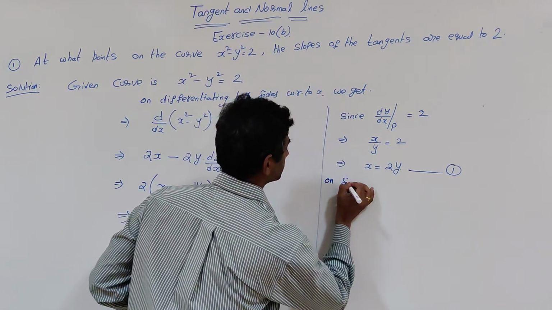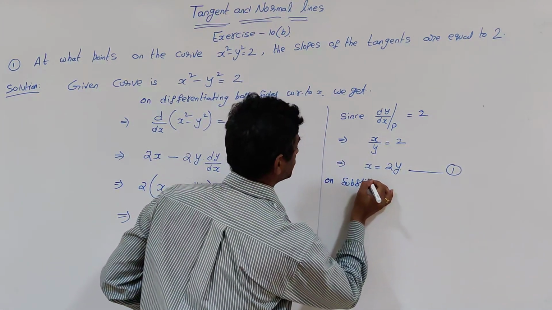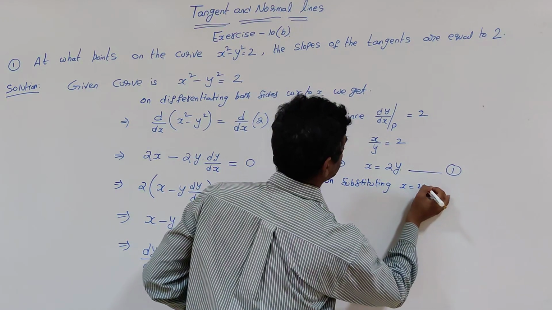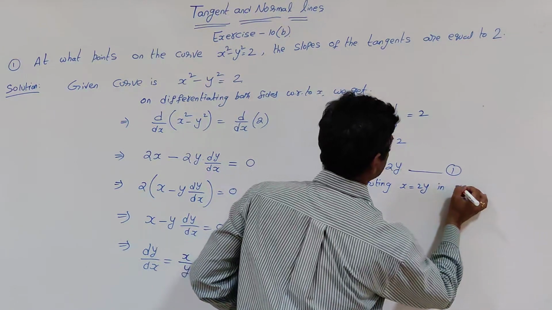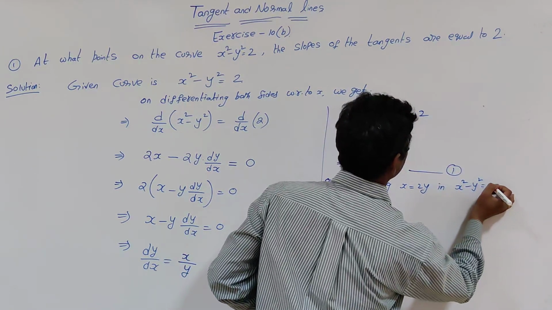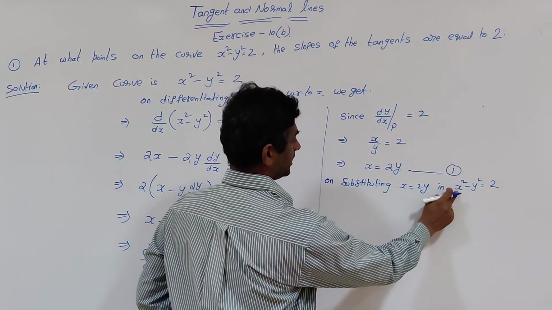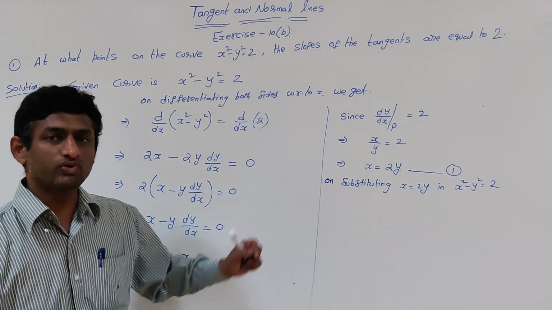On substituting x is equal to 2y in x square minus y square is equal to 2, what will we get? In the place of x, it is replaced with 2y.